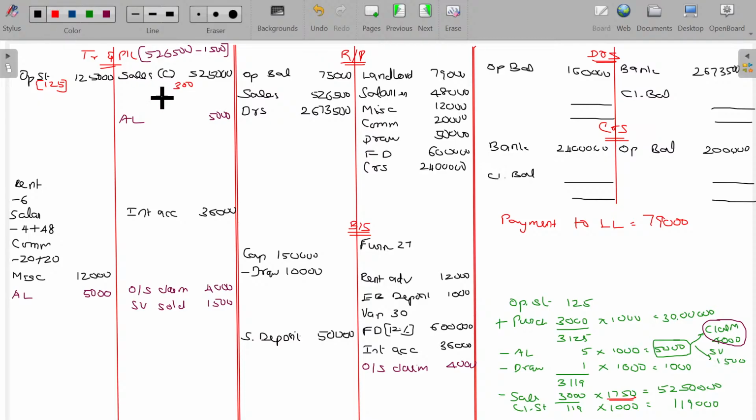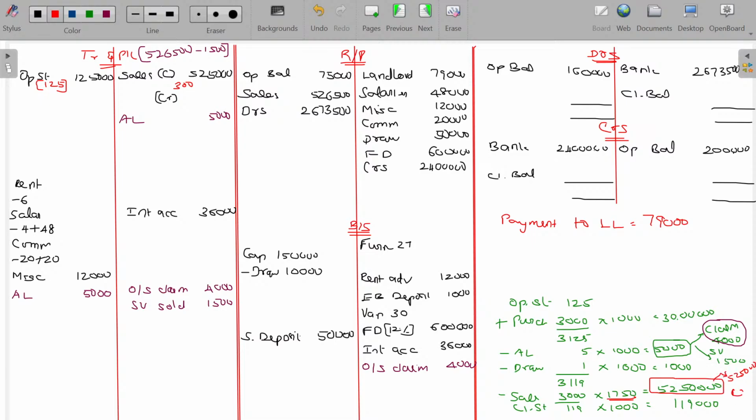What about the credit transaction? How many tins were sold on credit? Now, overall sales being 52 lakhs 50,000. Out of which cash being 5,25,000. Balance how much?